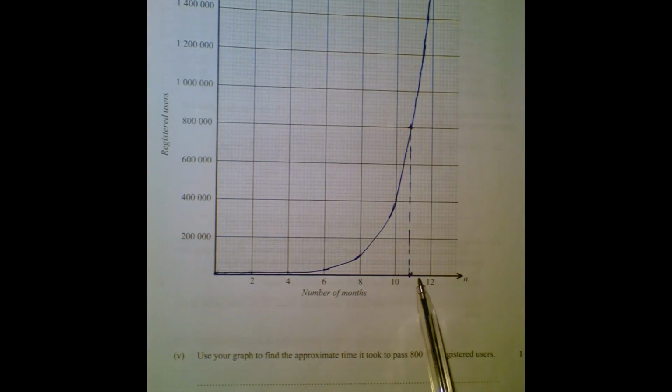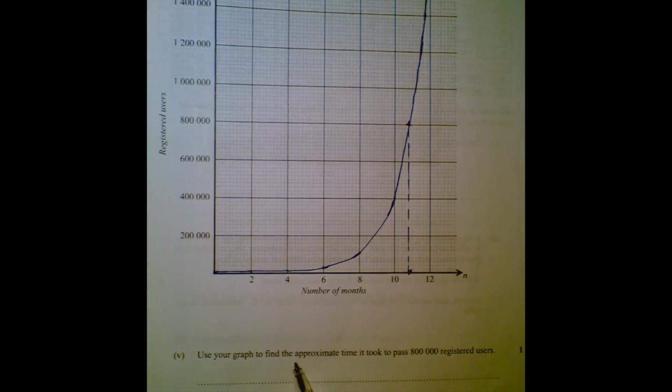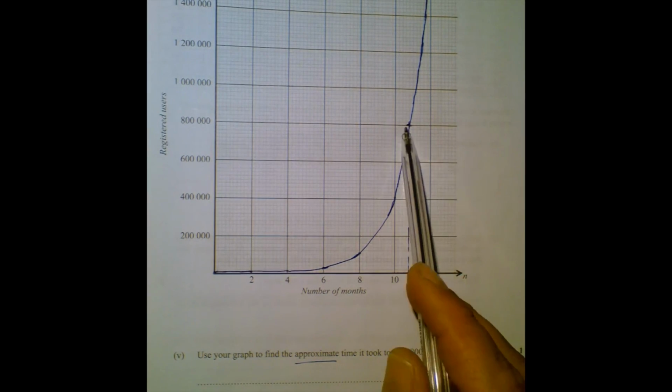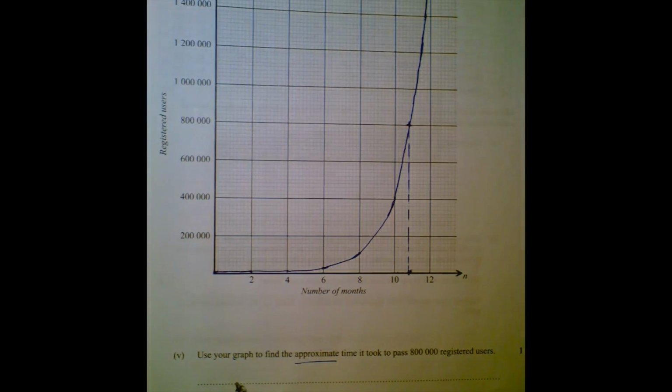Okay, so what you've got here, halfway will be 11 months. It does say find the approximate time it took to pass 800,000. So according to this graph, I'd say approximately 11 months.